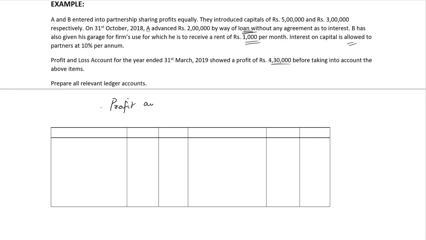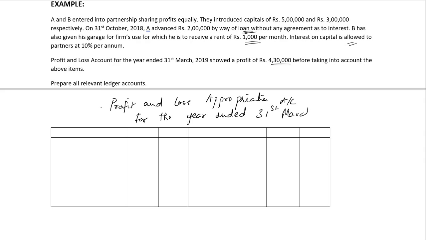Profit and loss appropriation account for the year ended March 2019. We had a net profit of 4,13,000.